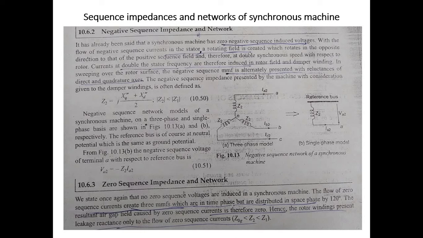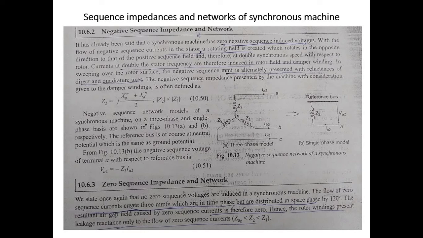Currents at double the stator frequency are therefore induced in the rotor field and damper winding. In sweeping over the rotor surface, the negative sequence EMF is alternately presented with the reactances of the direct and quadrature axis. The negative sequence impedance presented by the machine, with consideration given to the damper winding, is defined as Z2, that is negative sequence impedance.